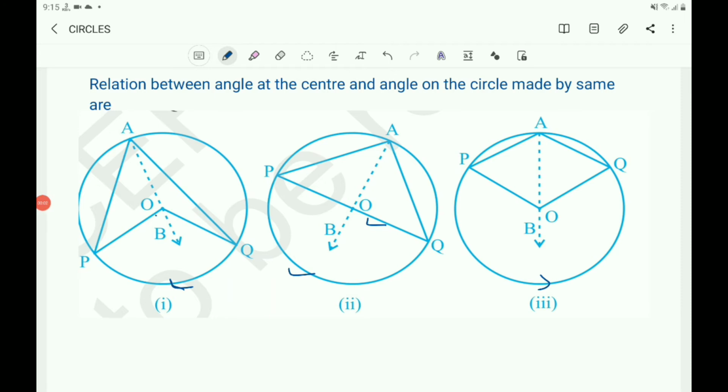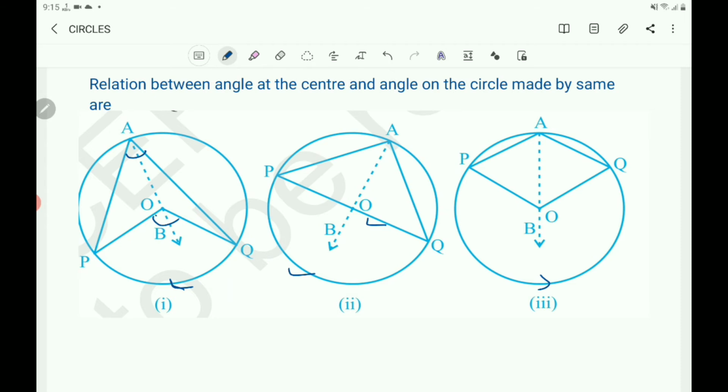Now let us observe the angles made by the arc at the center and at a point on the circle, that is, any point on the remaining part of the circle other than the arc. And let us find the relation between them. Here you can observe that if you measure them, this angle is half of the angle POQ.